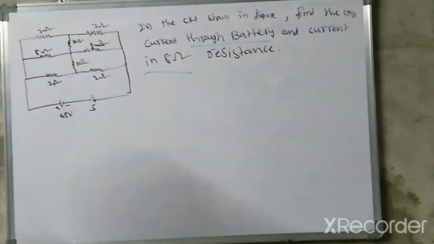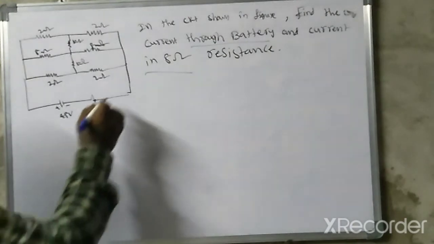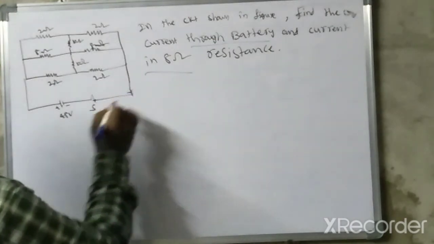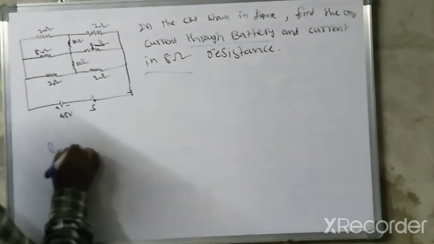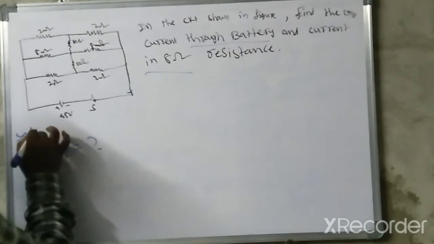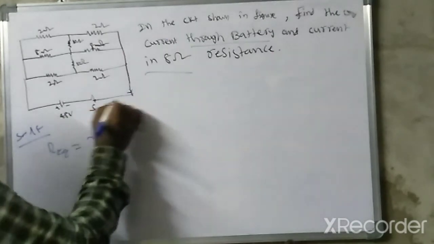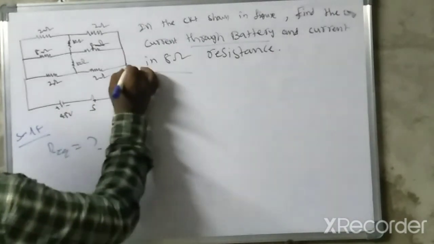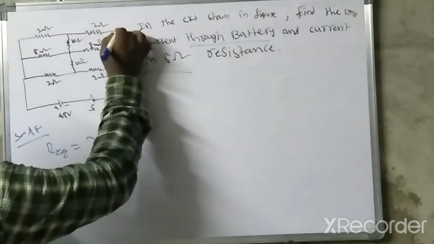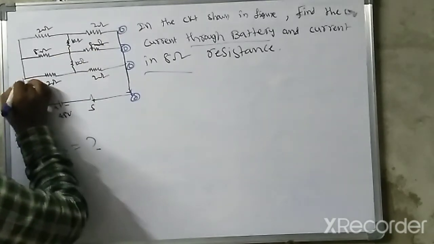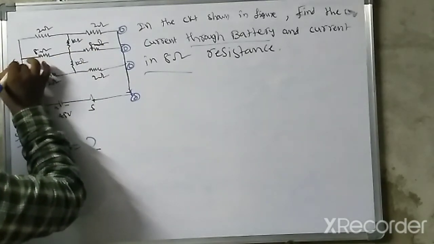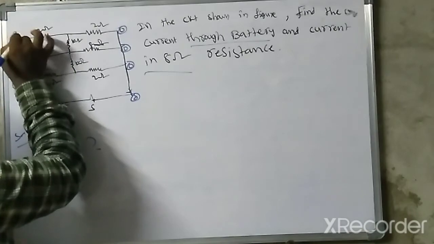Whenever they ask this type of question, you may first of all find the R equivalent value. Here on the negative side the potential is 0, here 0, here 0, here 0, and here the 48, here the 48, here the 48.